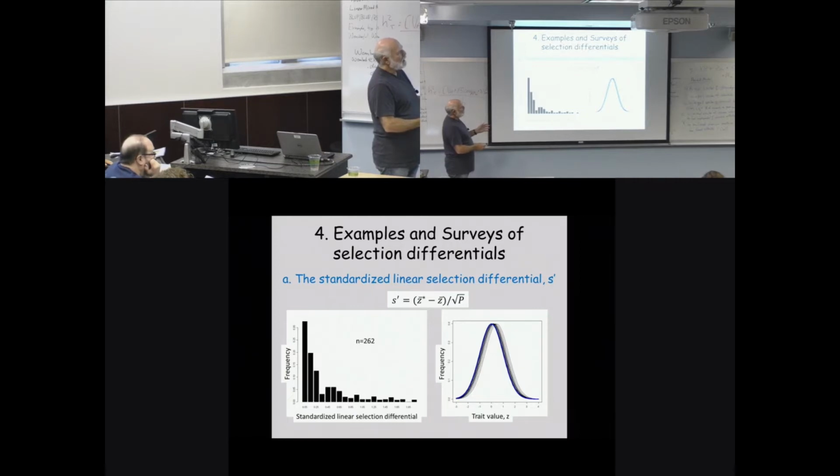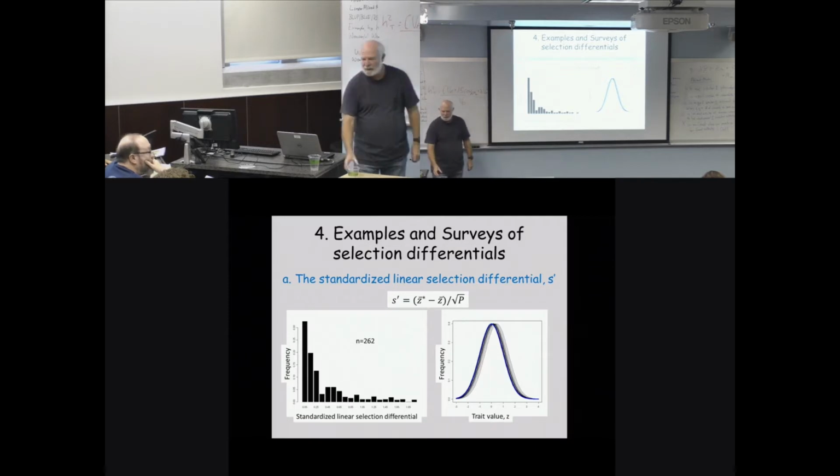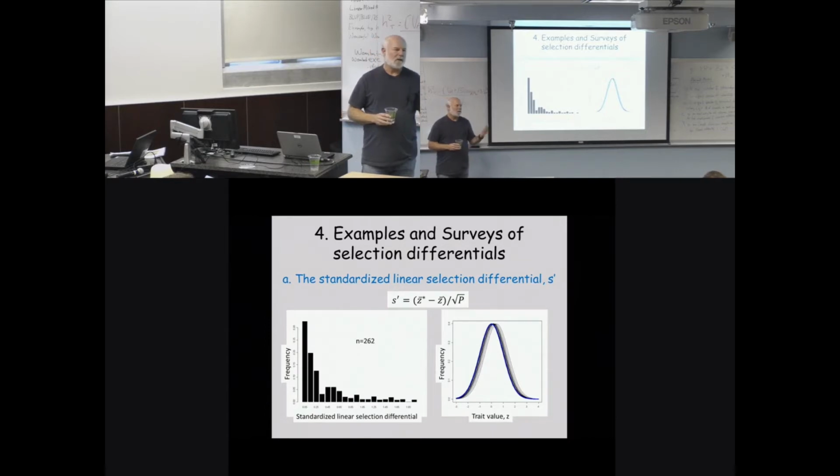You can divide by the square root of P. What is the square root of P in our notation? It's a little awkward, but I could have said P to the 1/2. What is it? It's the standard deviation of the trait. It's just a little awkward to write, but we're going to use the variance so much more that this is the price we pay for doing that.